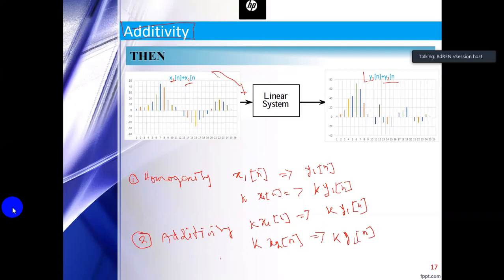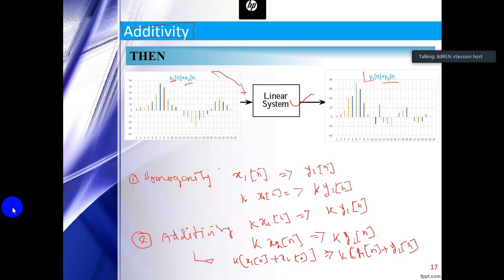Then according to the additivity property, k times x1 of n plus x2 of n should provide the output from this system, which should be represented as k times y1 of n plus y2 of n.